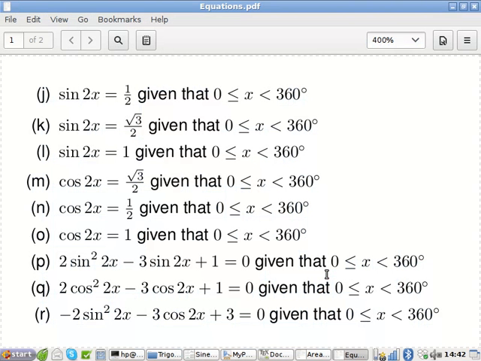What about the last one, the or? Can you write this down? Did you get it? Good.